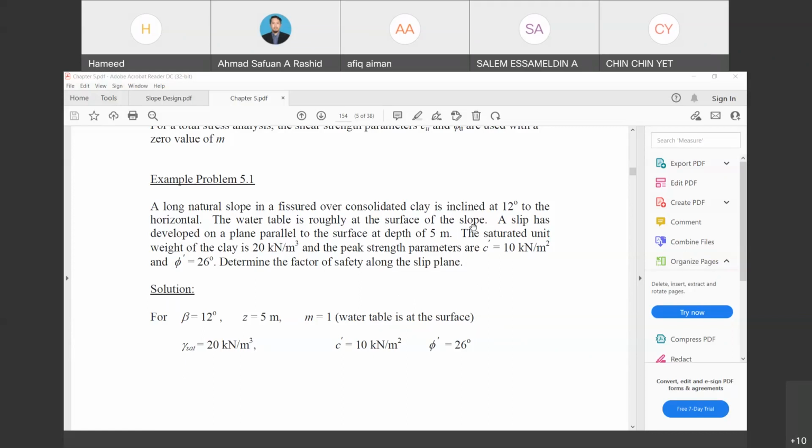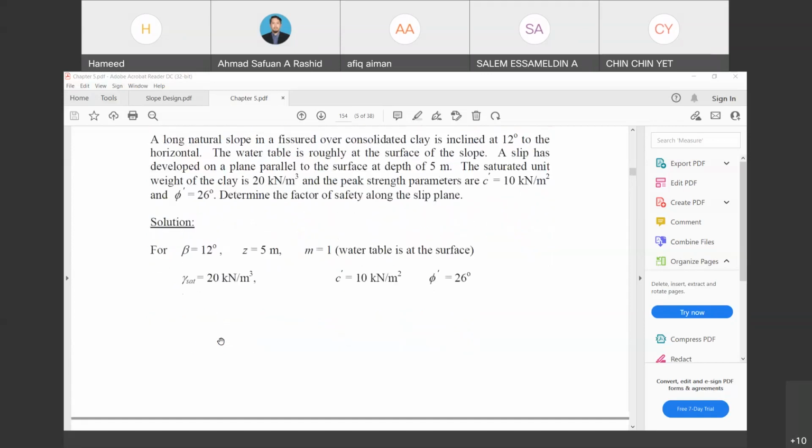The water table is roughly at the surface of the slope. A slip has developed on a parallel plane to the surface at the depth of 5 meters. So the saturated unit weight of the clay is 20 kilonewton per meter cube, and the peak strength parameters are 10 for C and 26 for the phi value. Determine the factor of safety along the slip plane.